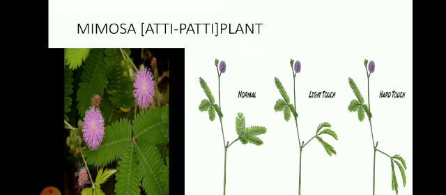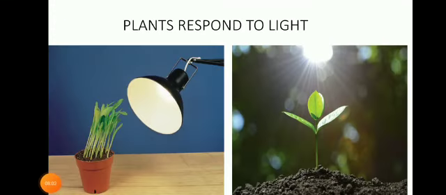Now you can see in the third mimosa twig, when you touch hard, the leaves will close like this. So it is also responding to its surroundings. And we can also see plants growing towards light. Plants respond to light.